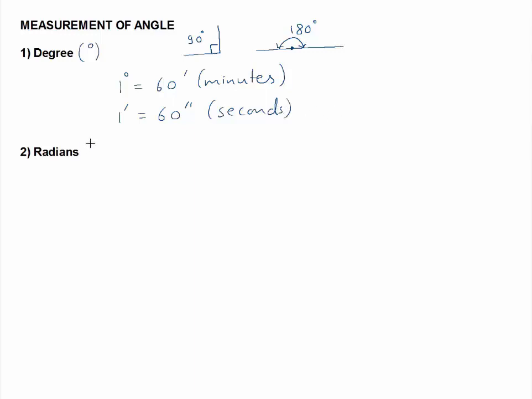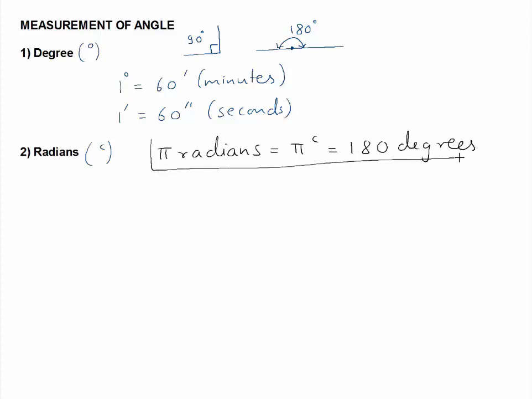Now radian is denoted by a superscript C, where pi radians, which is pi superscript C, equals 180 degrees. So we must remember that pi radians is 180 degrees.